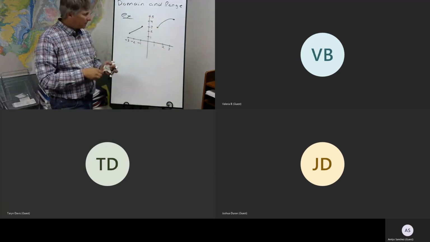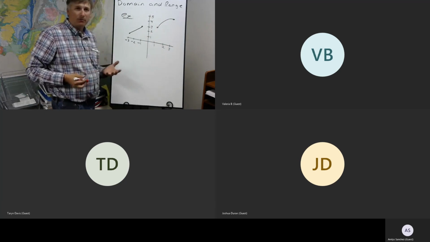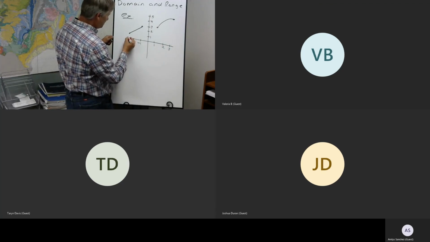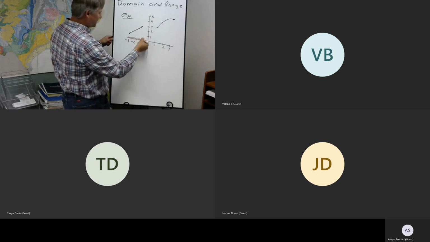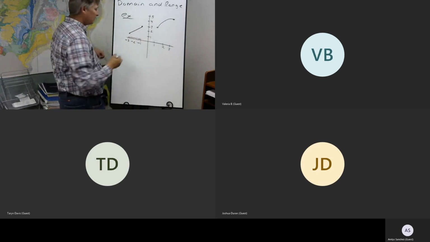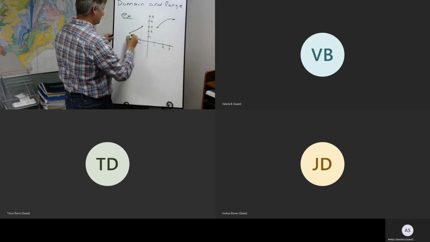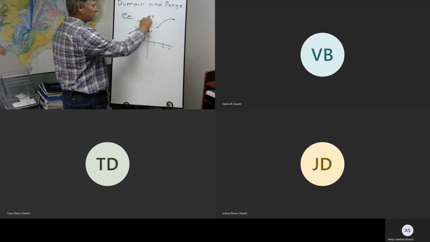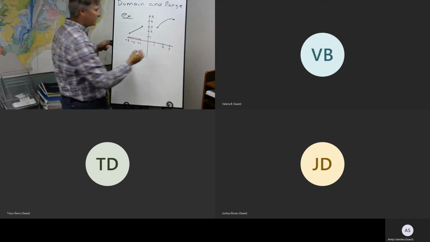Let's say we have something like this. Well, what x values are we permitted to use? Well, we can use x values from -3 to -1, because you can think of this as casting shadow onto that x-axis. Or you can draw lines up to the function right here. But then once you get past -1, there's nothing to draw to. So we're stuck. But then we can pick up again.